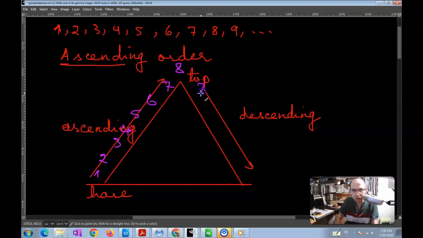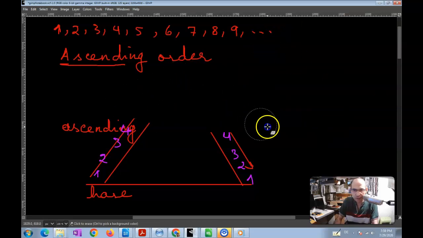Meaning from 8 you come to 7, 6, 5, 4, 3, 2, and then you come to 1. So when you write your numbers in an ascending order, that means that you start from the smallest number, and you will end up with the largest number over here, right?